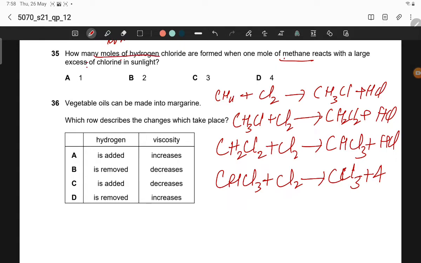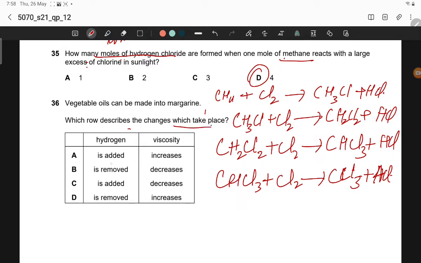How many moles of hydrogen chloride? So this is the chain reaction. So how many moles at the end of the reaction? 4 moles of hydrogen chloride. 1 2 3 4. So D option is correct. Vegetable oils can be made into margarine. Which row describes the changes which take place?